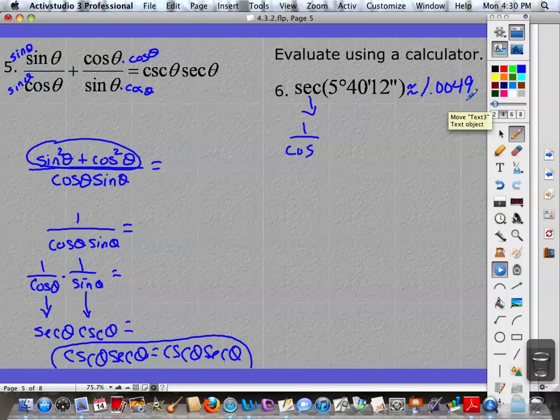So we found the cosine of 5 degrees, 40 minutes, and 12 seconds, and then we took the reciprocal. Remember, the reciprocal key is that x to the -1, and that will take the reciprocal of the answer we got for the cosine of 5 degrees, 40 minutes, and 12 seconds.